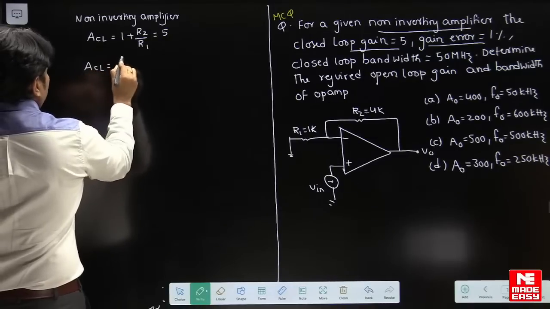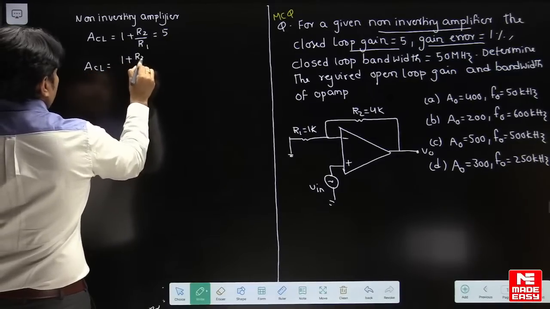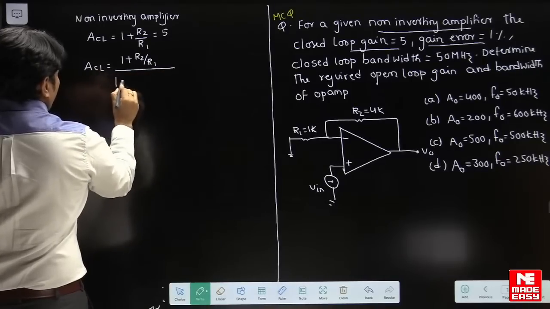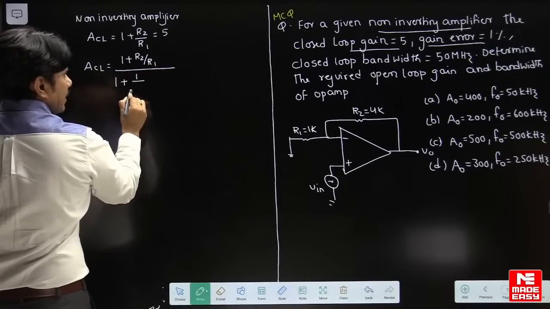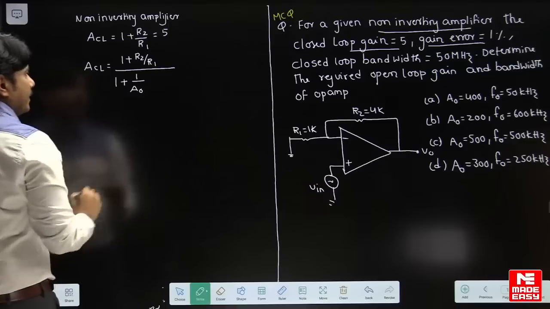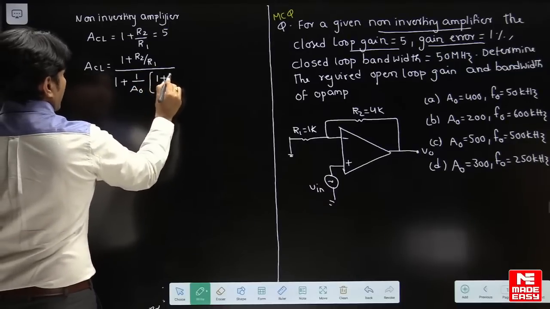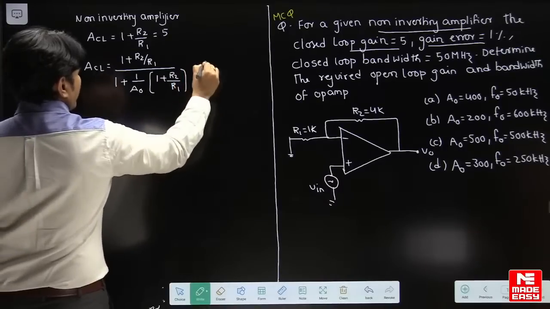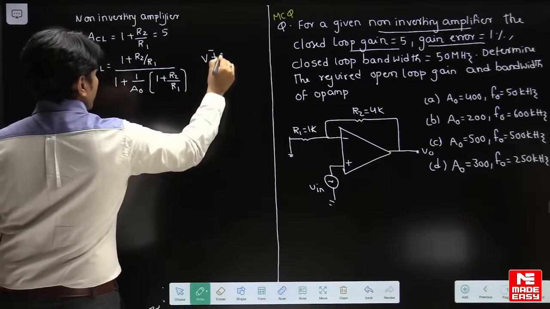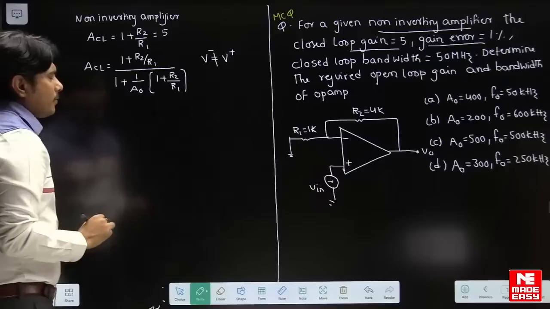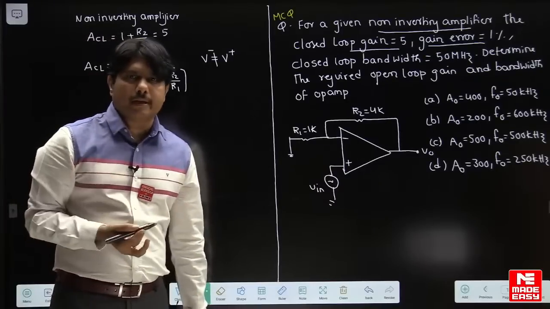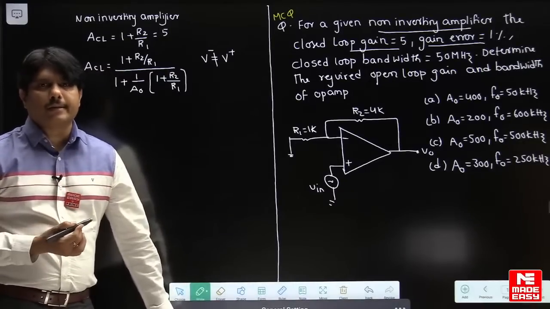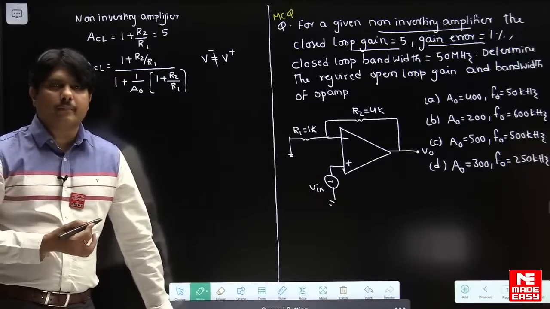The ACL formula is 1 plus R2 by R1, and the accurate one is 1 plus 1 by A naught times the open loop gain into 1 plus R2 divided by R1. This formula is correct when V minus is not equal to V plus. That means when you are not following the virtual short or virtual ground concept, this must be the transfer function a student should have in mind.